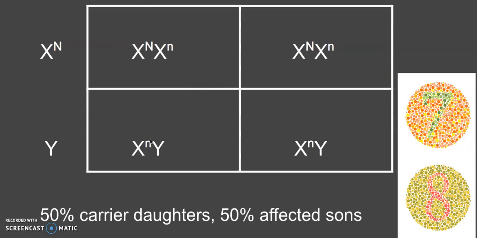That's his only X chromosome allele, and so the only allele that he gets for this trait, and therefore he is colorblind, as is this son. So in this example, the daughters are all heterozygous, so they're all carriers for this disease, and the sons are all affected by color blindness.